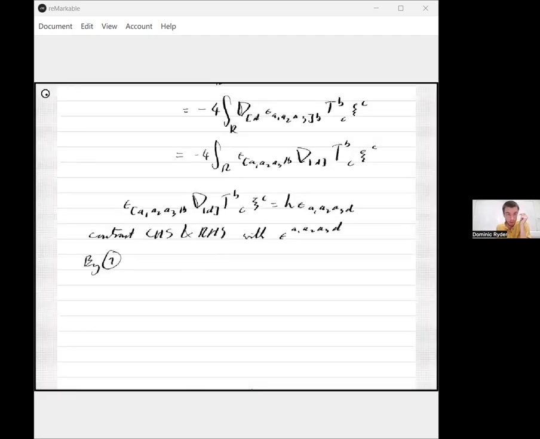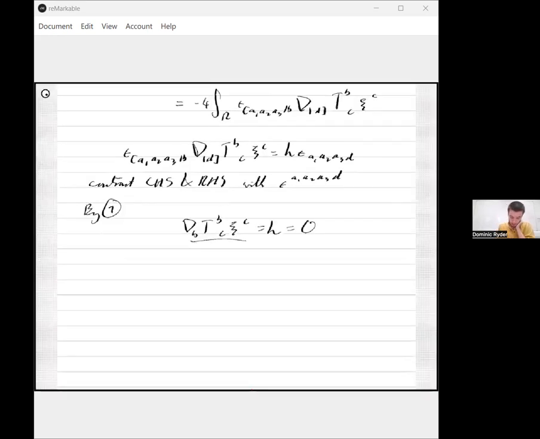This gives us nabla B of T_BC xi^C equals H. And we know that this is 0, so this must be 0. And so H is 0, so the integrand must be 0. And so we've learned that E on sigma prime minus E on sigma equals 0, which is what we wanted to prove. The energy is independent of our Cauchy surfaces.